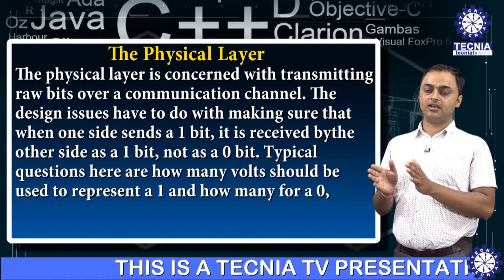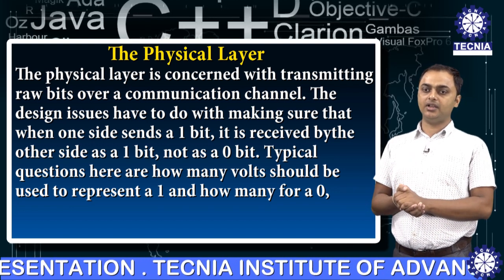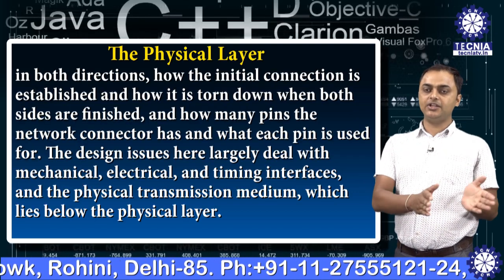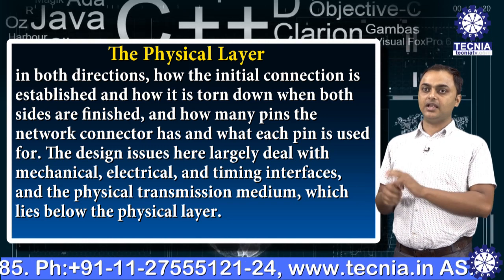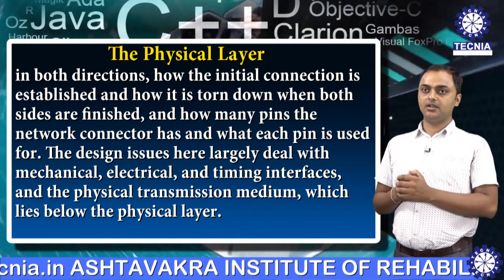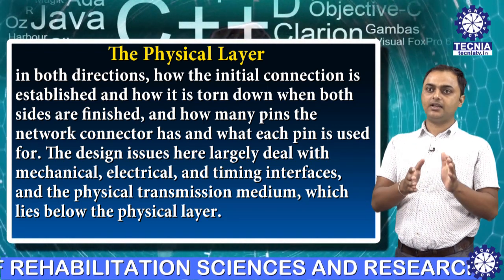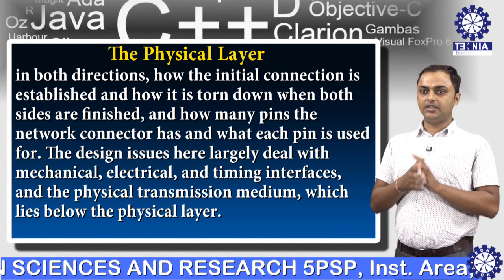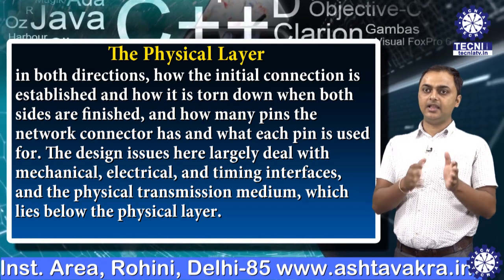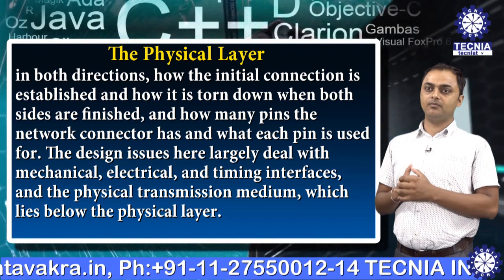Typically, questions here are how many volts should be used to represent a 1 and how many for a 0 bit, how the initial connection is established and how it is torn down when both sides are finished, and how many pins the network connector has and what each pin is used for.